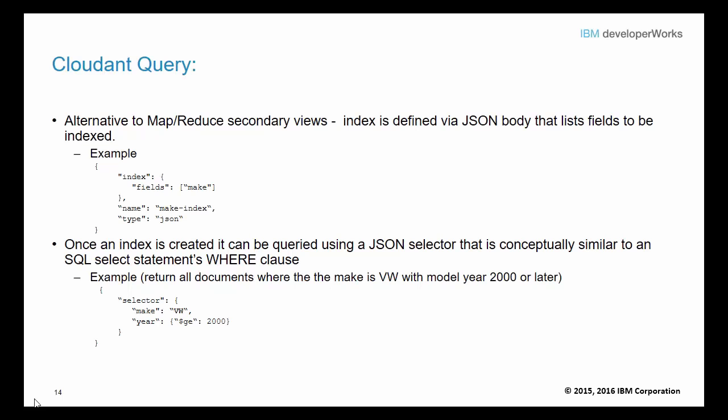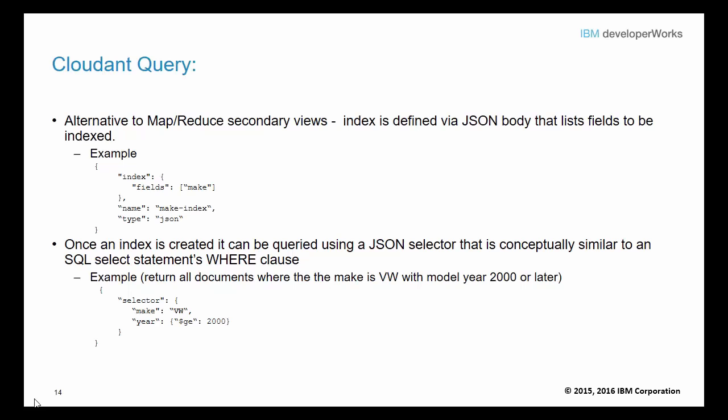Once you do create an index, you can query it using a JSON selector that conceptually is very similar to the SQL select statement's where clause. So here's an example for a selector where we want to return all the documents in our cars database where the make is VW and the model year is 2000 and later.